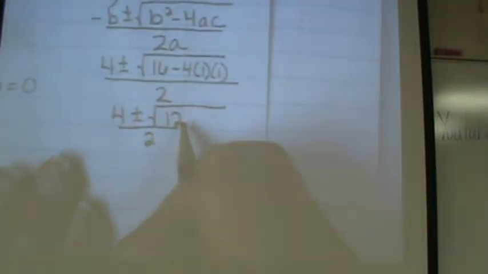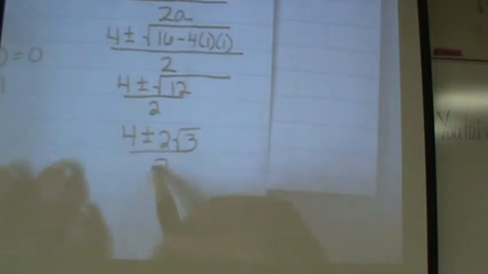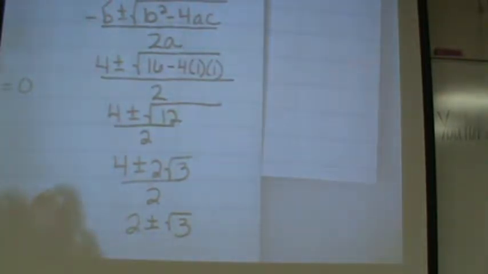And we can take a 2 out of this, so 4 plus or minus 2 root 3 over 2. And a 2 cancels both of these, so it's 2 plus or minus root 3 is your answer. So that was 29. We can skip 31 and do 33.